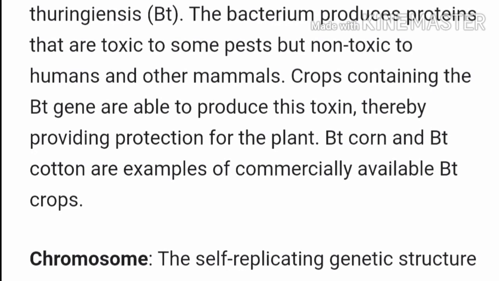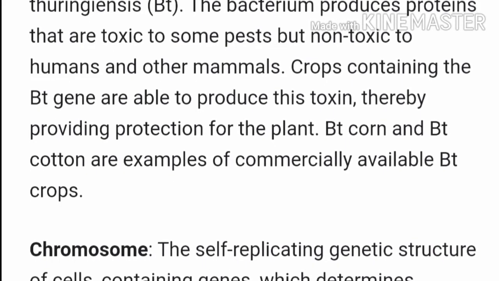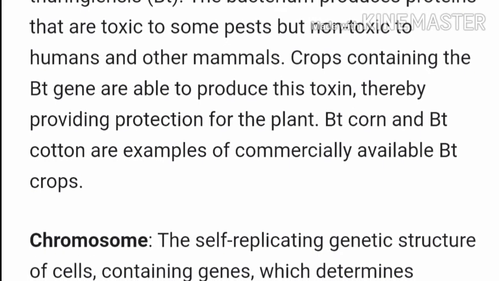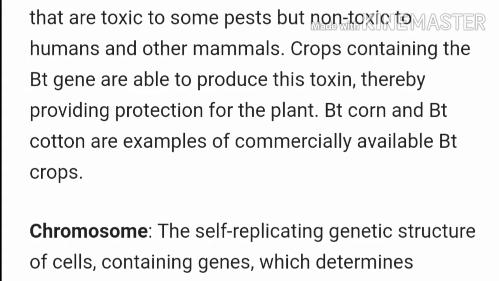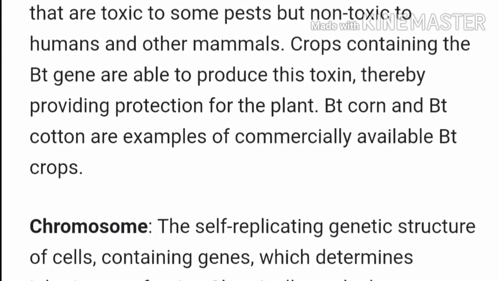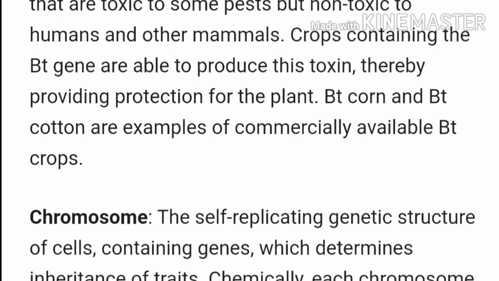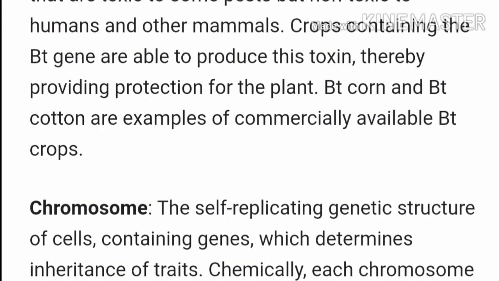The crops containing the Bt gene are able to produce this toxin, thereby providing protection for the plant. Bt corn and Bt cotton are examples of commercially available Bt crops.